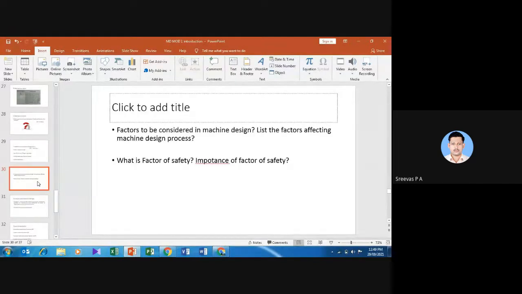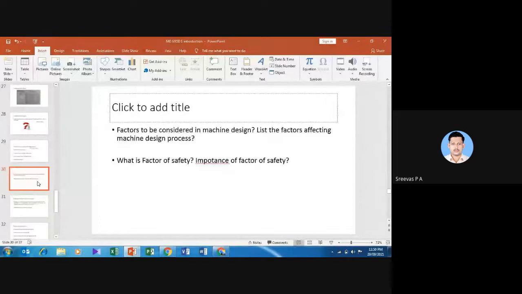You have to arrest the expansion. Then only there will be induction of thermal stress. Otherwise, it will be free expansion. Okay, that we will discuss later. So all those things we have to consider.